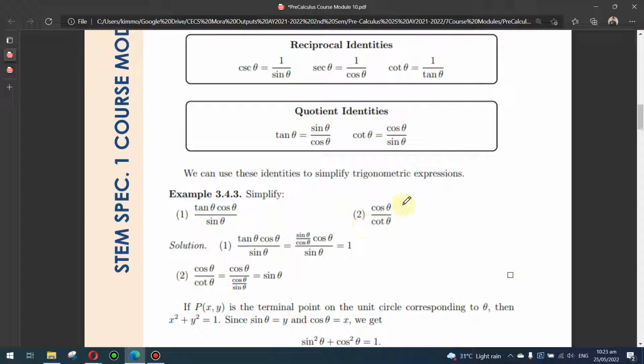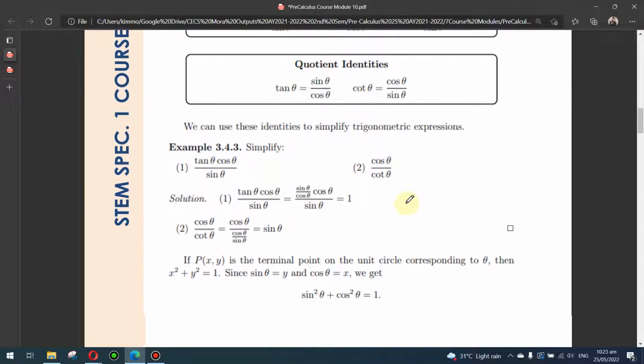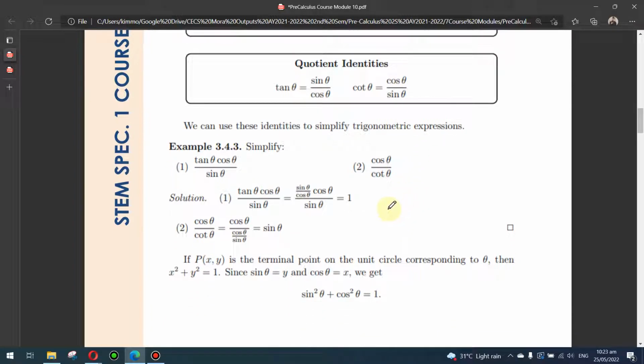Then we have another one, cosine theta over cotangent theta. So we are asked to simplify these expressions. How do we do that? For the first problem, we have tangent times cosine over sine.